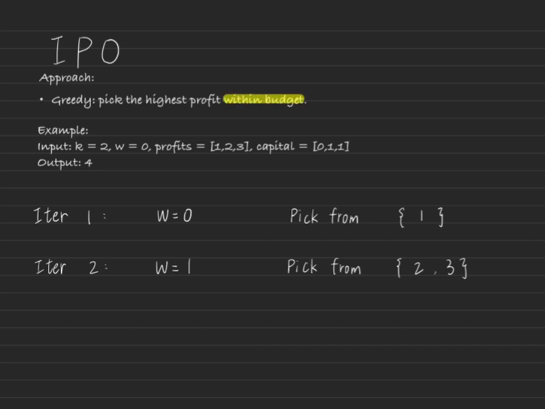Using the same example as before, in the first iteration, when we start out with 0 capital, there's only one project to choose from. And in the second iteration, we have more projects to choose from. And between these 2 projects, we choose the project with the highest profit.